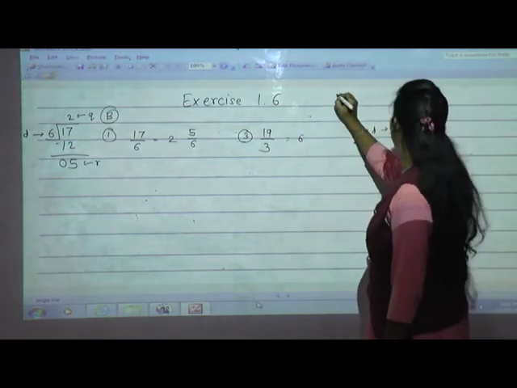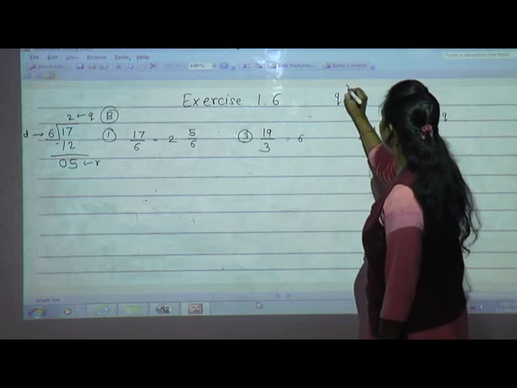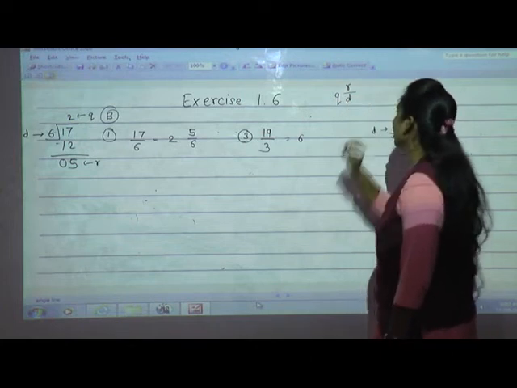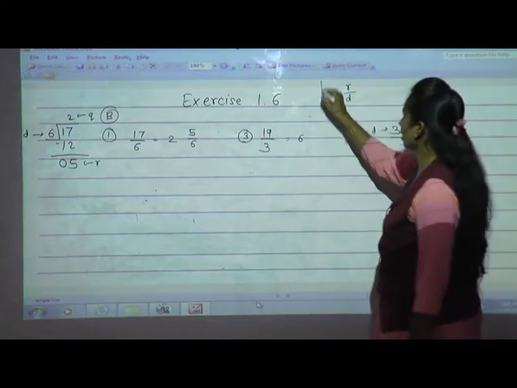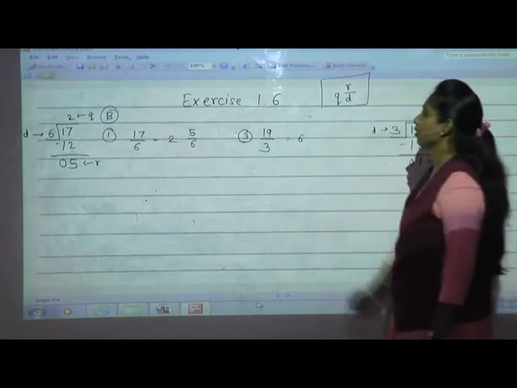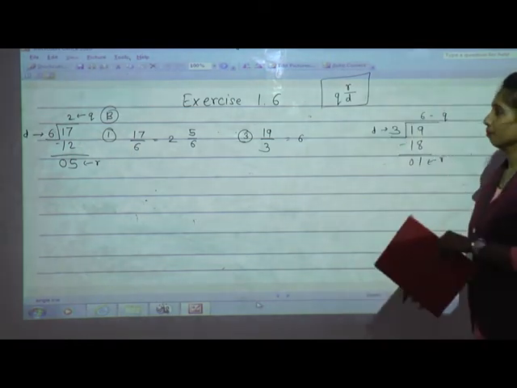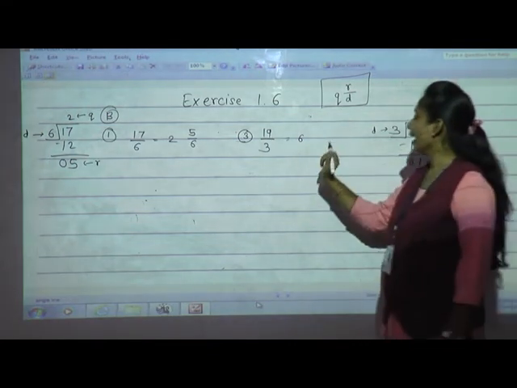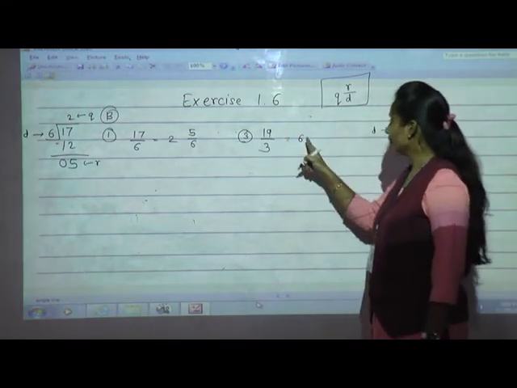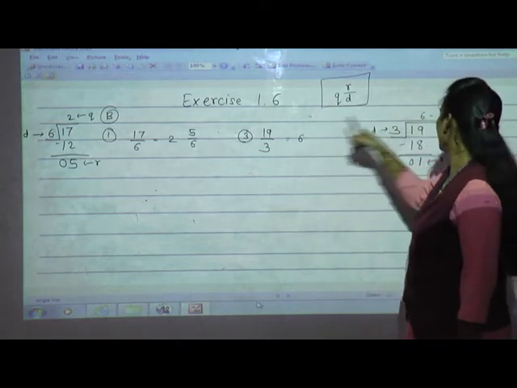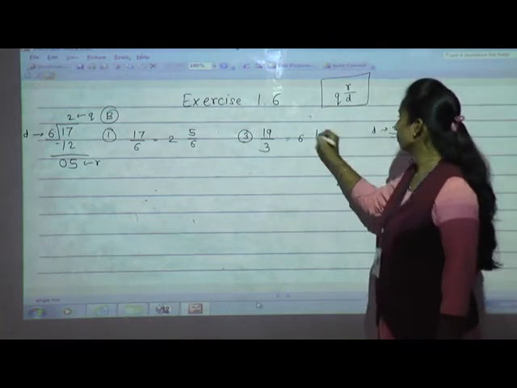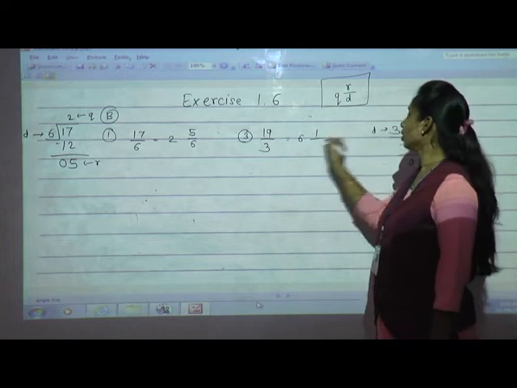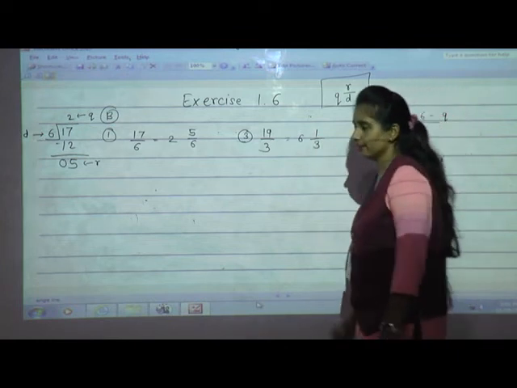Keep in your mind: quotient, remainder divided by denominator. This is very important while converting improper fractions into mixed fractions. And now 19 upon 3, the quotient we have written, the remainder in the place of numerator and the denominator remains as it is.